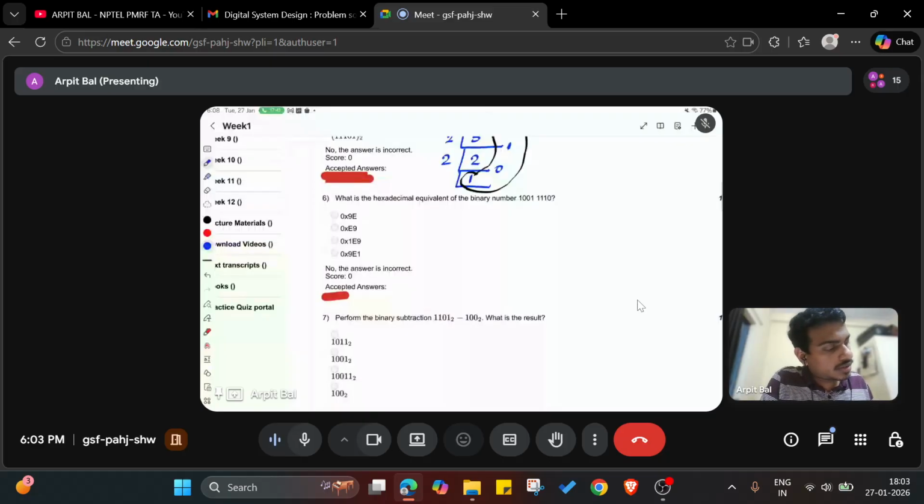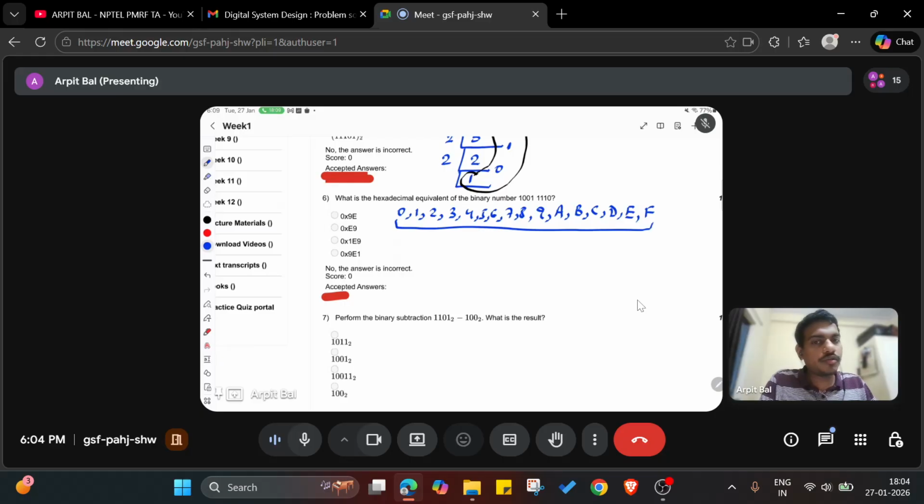In this case, the hexadecimal number system is basically 0, 1, 2, 3, 4, 5, 6, 7, 8, 9, and instead of 10 we have A, B, C, D, E, F. So these are the complete symbol list that are used in the hexadecimal number system. And why is it hexadecimal? The reason is the total number of symbols is 16. And that's why the name.